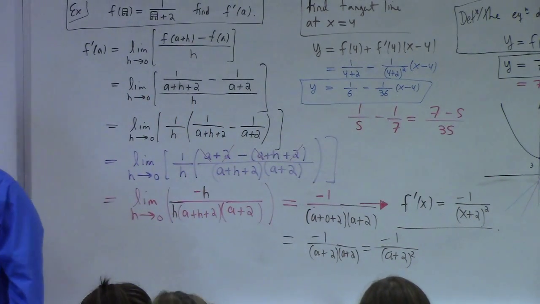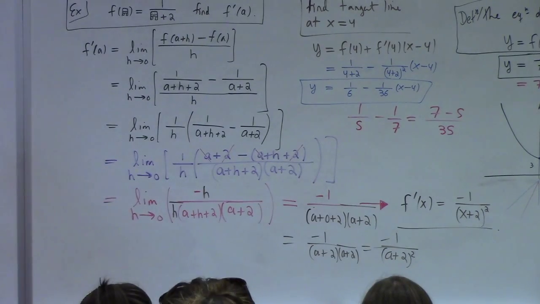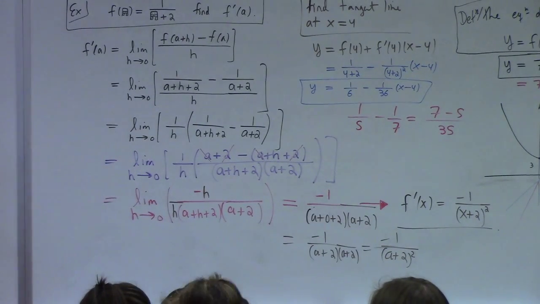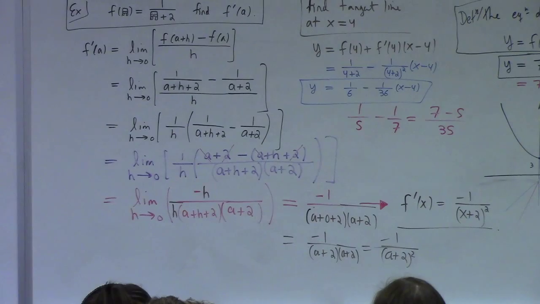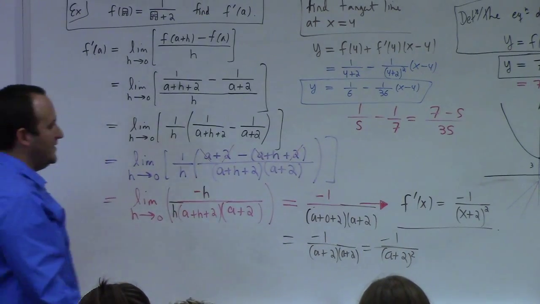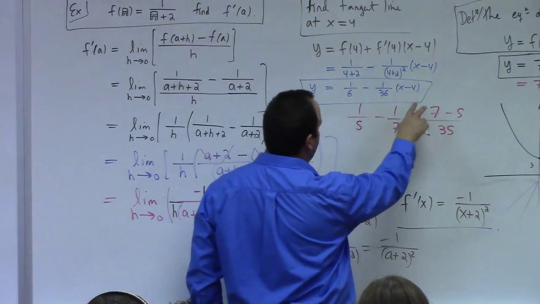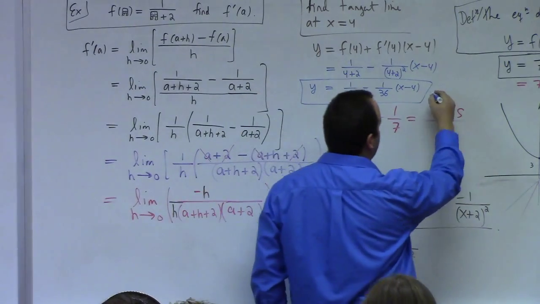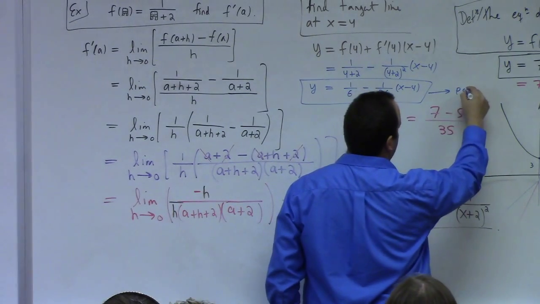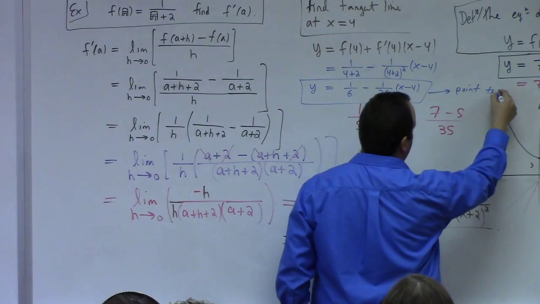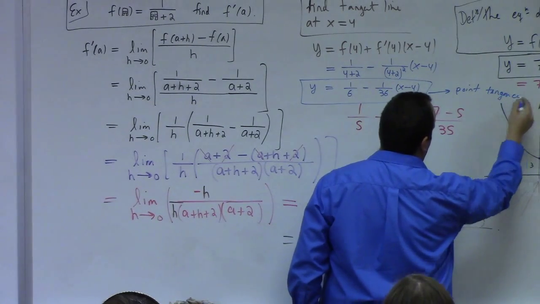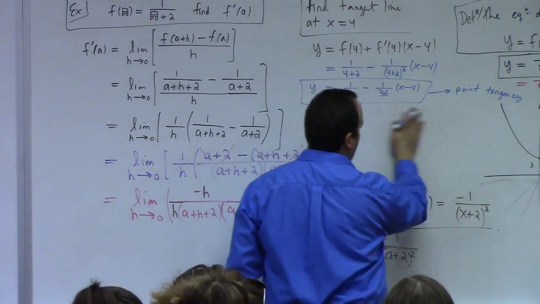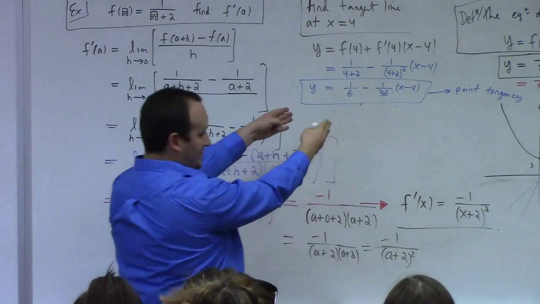Some of you feel like you're not done unless we multiply that out and rewrite it as mx plus b. That is an unnecessary extra algebraic step that you do not need to take unless you really want to. To me, this format of the tangent line equation is even better than y equals mx plus b, because I can tell you from looking at this what the point of tangency is. You can see it from this equation.